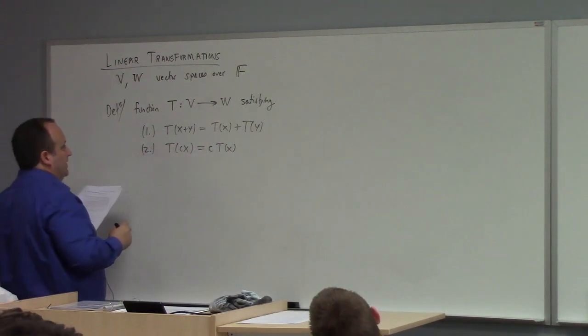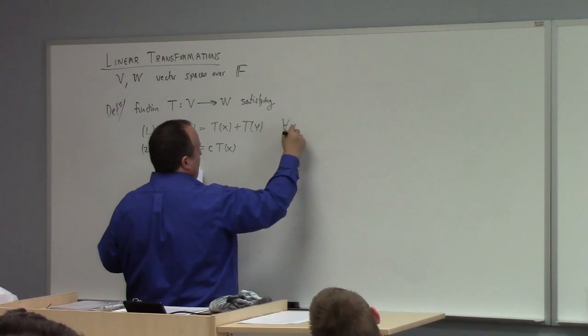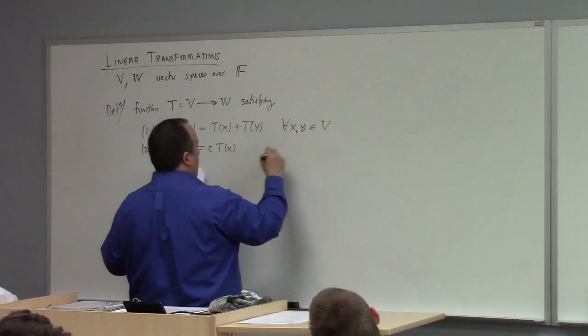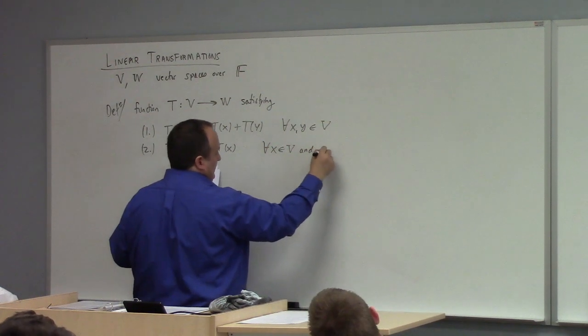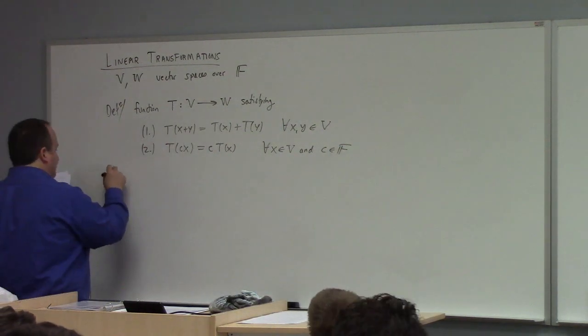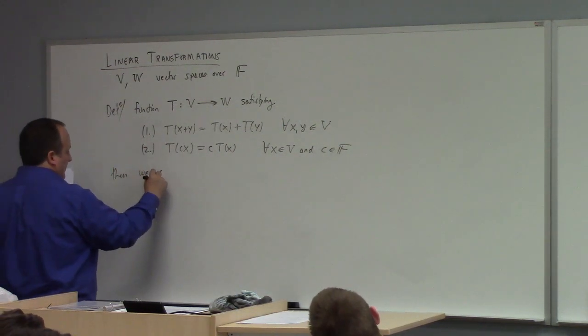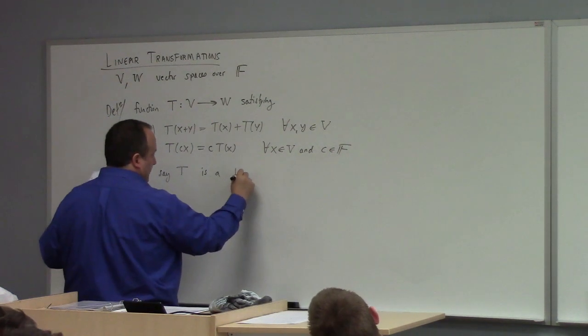All right. So this is for all x and y in V, for all x in V and c in the field. Then we say T is a linear transformation.